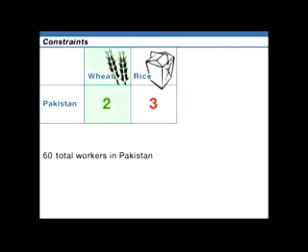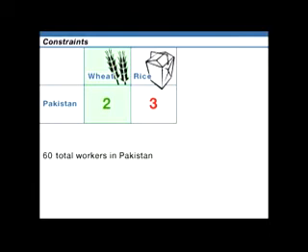Now, let's introduce the constraint on Pakistan's production. Suppose that there are 60 workers in Pakistan. These 60 workers can be used to produce wheat, or they can produce rice. But the amount of wheat and rice that can be produced will be limited by the technology.